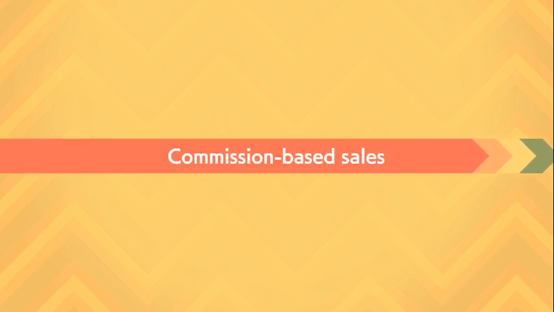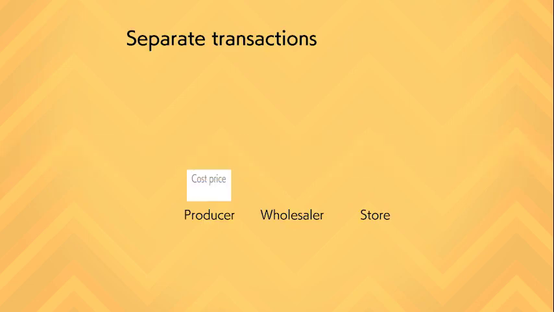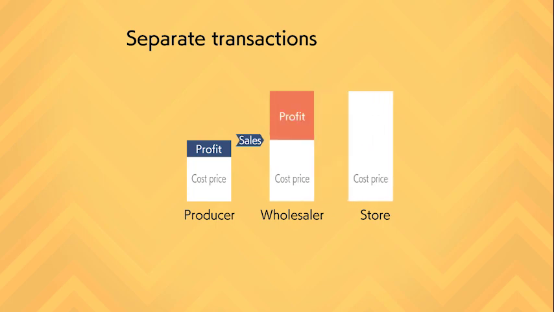Next, commission-based sales. Under traditional separate transactions, the difference between the wholesale price and the retail price was profit that all went to the distributor. This meant that general wholesalers and rice wholesalers were constantly searching for ways to buy low and sell high.